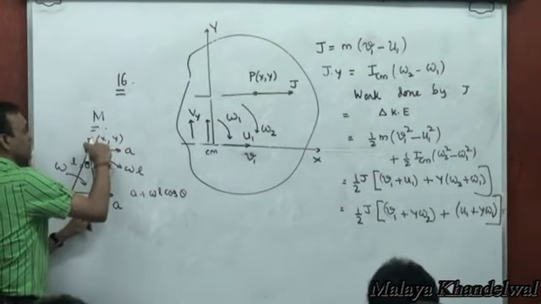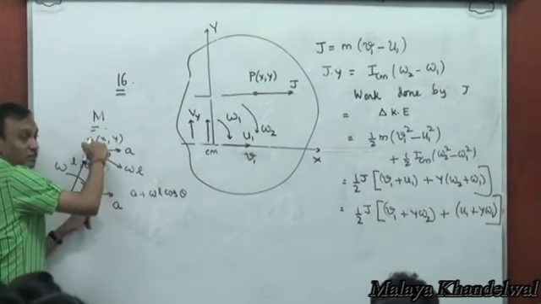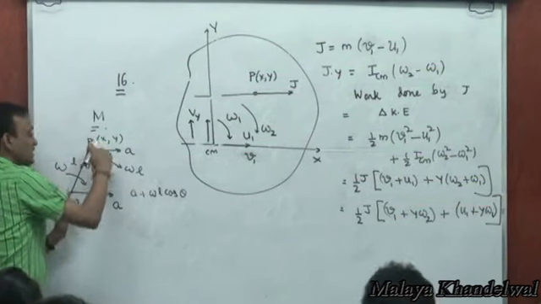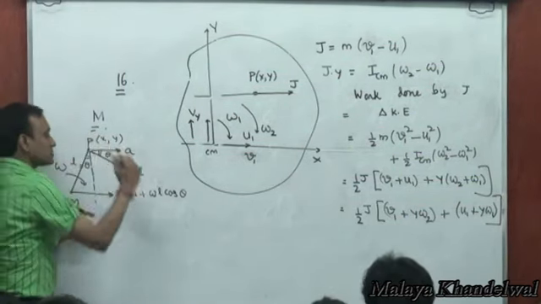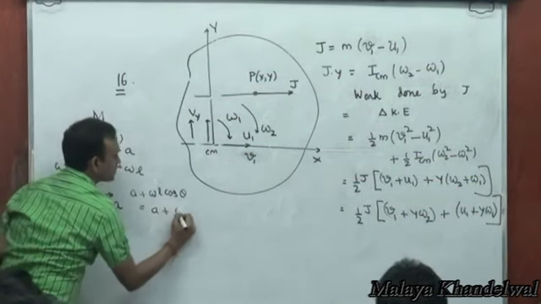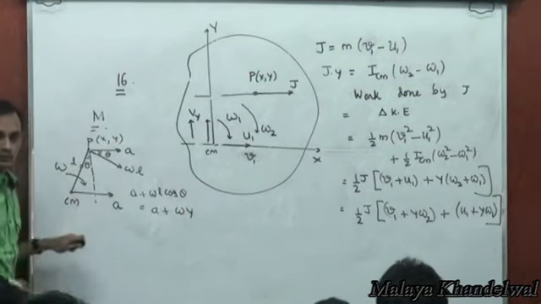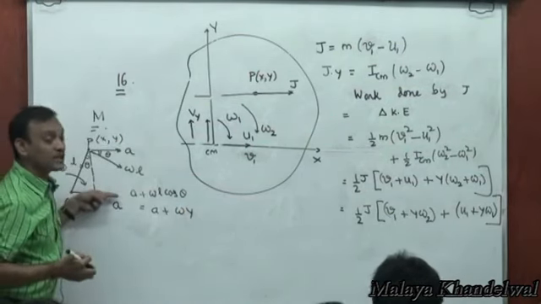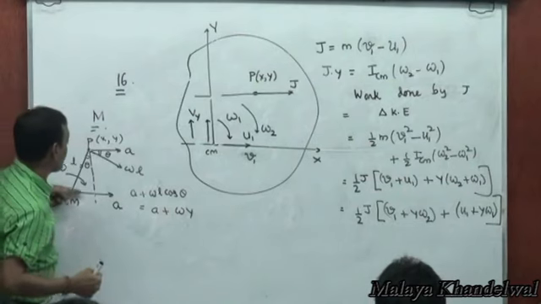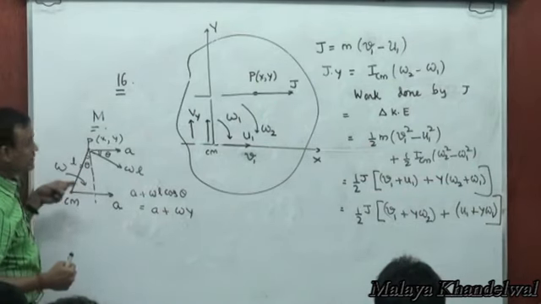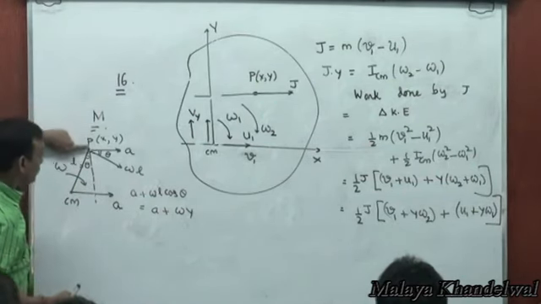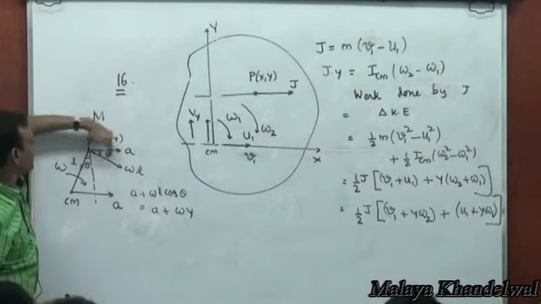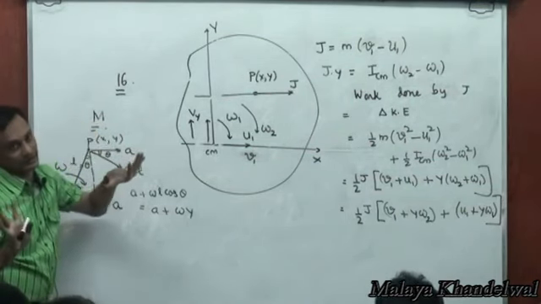What is L cos theta? L cos theta is this length, which is y. So this is a plus omega y. If a is the velocity of the center of mass along the x-axis, then for the point P, the velocity along the x-axis would be a plus omega times y.